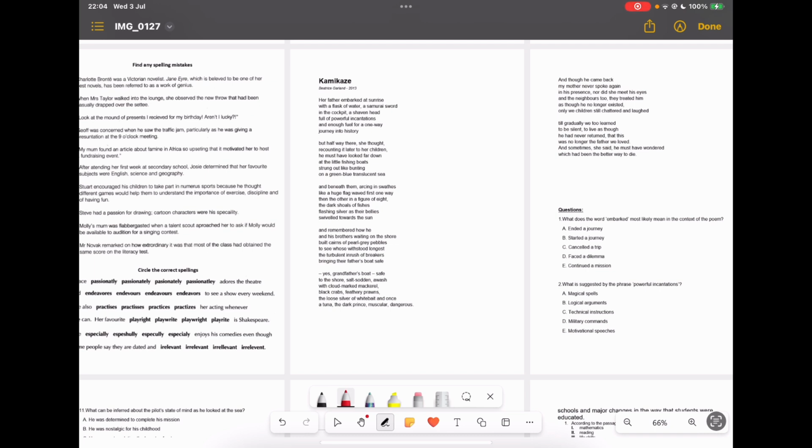And beneath them, arcing in the swathes like a huge flag, waved first one way and then the other in a huge figure of 8, the dark shoals of fishes, flashing silver as their bellies swiveled towards the sun.